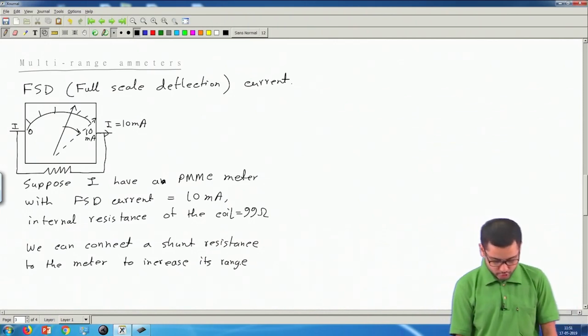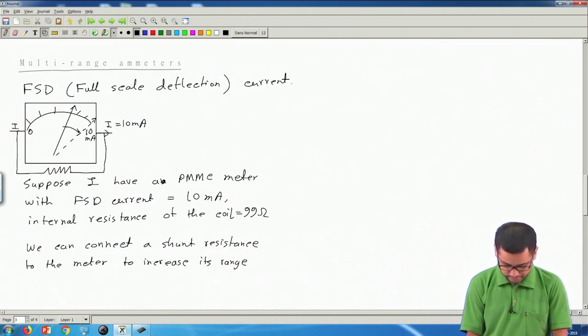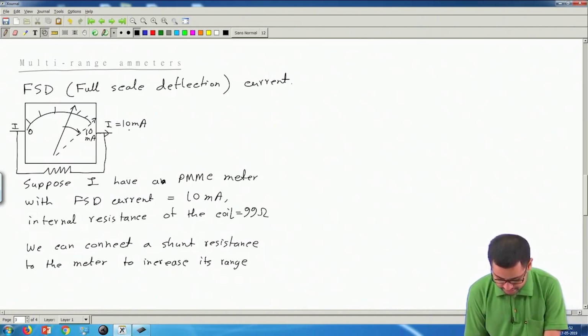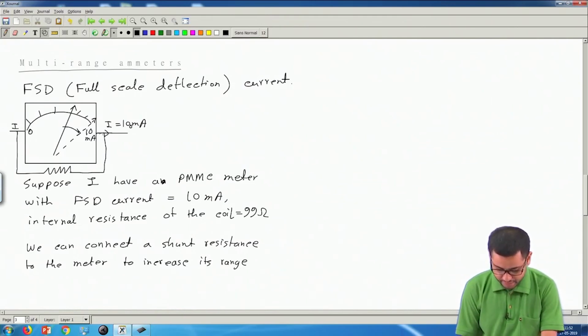How? Because if I connect a parallel path to this meter with suitable resistance or conductance, then it is possible that when I pass say 100 milliampere current through this, maybe most of it, maybe 90 milliampere, will pass through this parallel branch and only 10 milliampere will pass through the meter, and the 10 milliampere current is good enough for measuring with this meter.